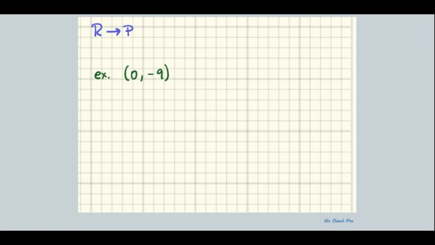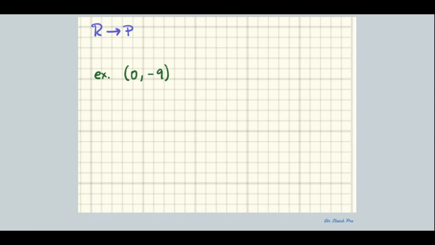And think about this. How far is that from the origin? It's a quadrantal angle. You realize that's just straight down, yeah? How far is the point from the origin? It's 9 units away.